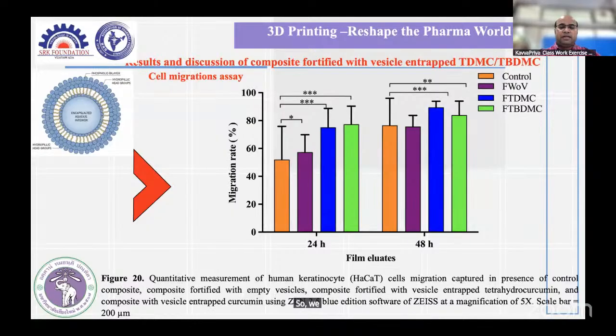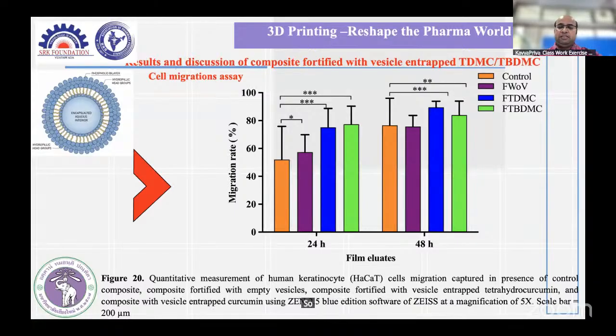So we found that after 48 hours, dimethoxy in the form of film showed almost 90% cell migration, and a bit less was presented by the film which was fortified with vesicle-entrapped.